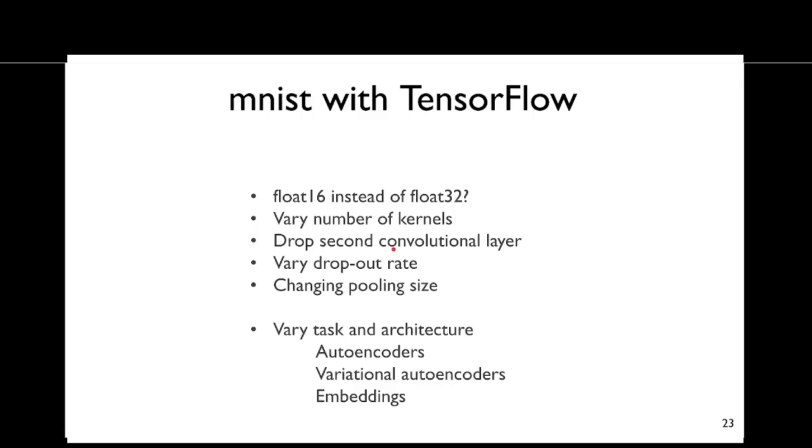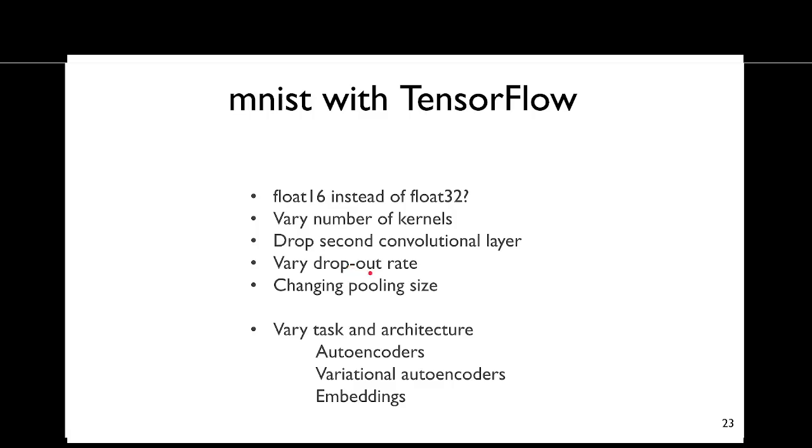What happens if I vary the number of kernels, or if I drop the second convolution layer or introduce a third one? What happens if I vary the dropout rate, or if I change the pool size? You can play with all of that and see how the performance of the neural network changes. And most important, probably, what happens if you decrease the size of the training data. Just train on 1,000 or on 10,000 results rather than all of the 60,000.